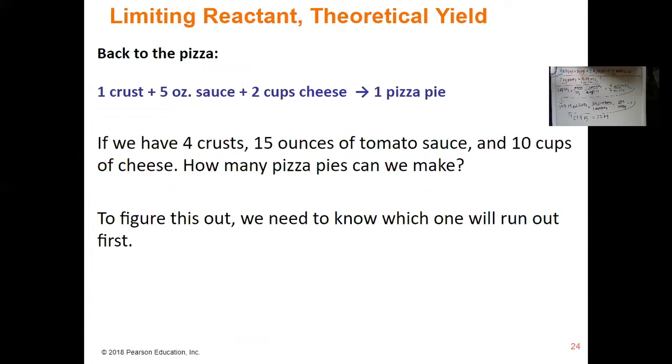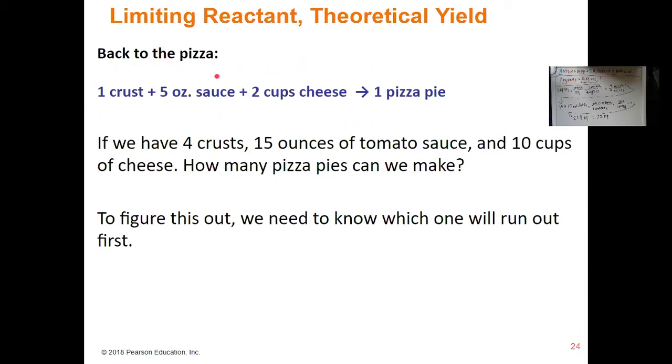Basically, a limiting reactant is the thing in our chemical reaction that is going to run out before anything else does. If we go back to the example that we initially had, where we were talking about making pizzas, we have this recipe.